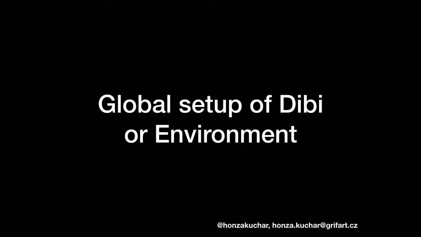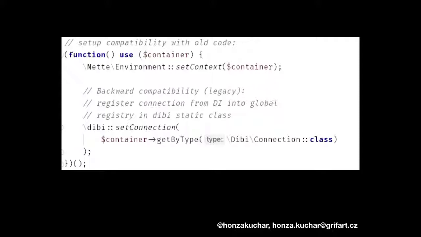For example, you use global DB object, so you use DB query globally, or you use environment get service. So then what you need to do is just to set these up in your Bootstrap, and then they are available again. So you can write new code with new APIs, with dependency injection container and with all this fancy stuff, and you can keep your old code running.